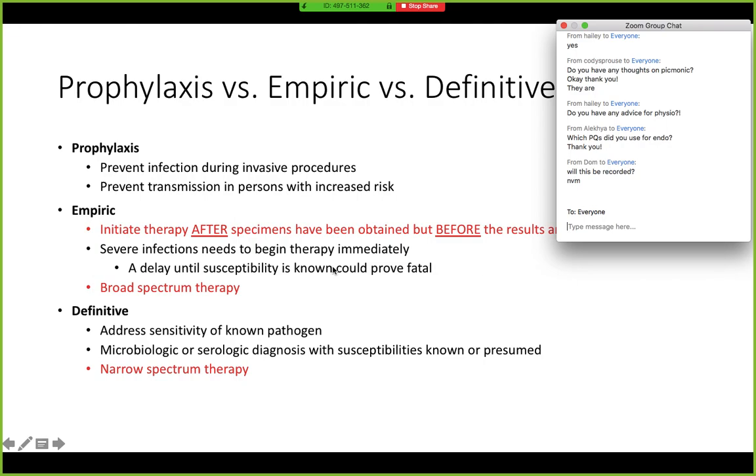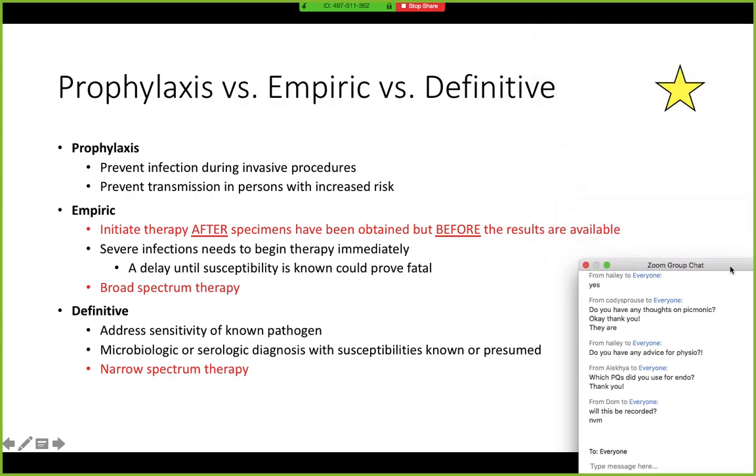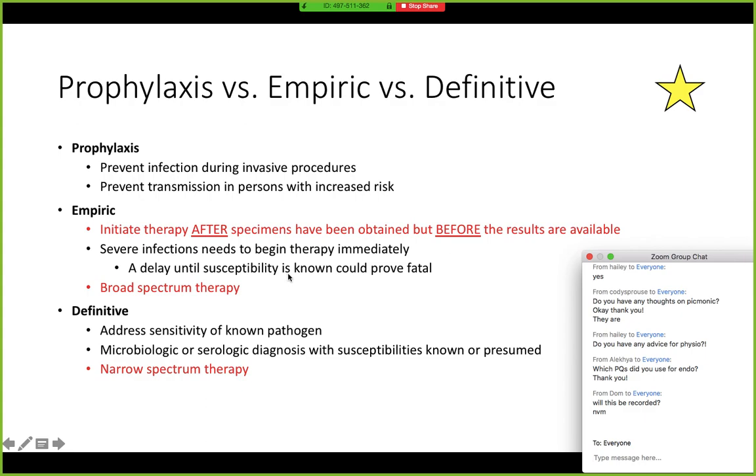Okay. All right, so starting with the intro to the antimicrobials lecture. First important thing here that you want to pay attention to is the difference between prophylaxis and empiric versus definitive therapy.